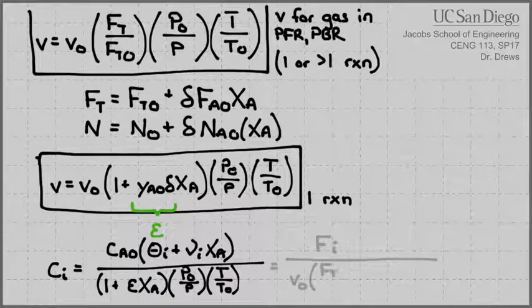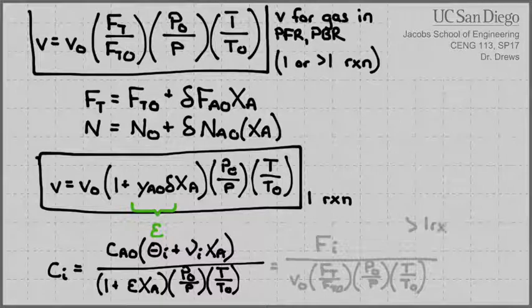So F_T over F_T0, P0 over P, and T over T0. You're kind of stuck using this form if you have multiple reactions. So this is more than one reaction, and this is one reaction.